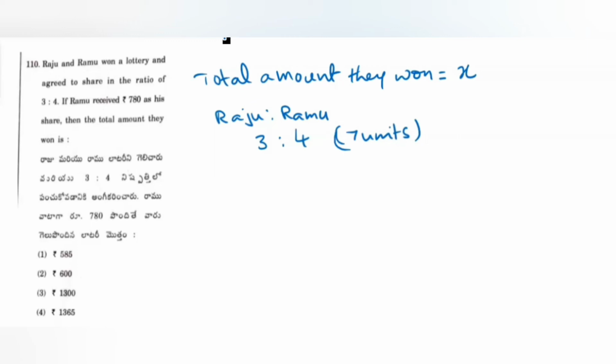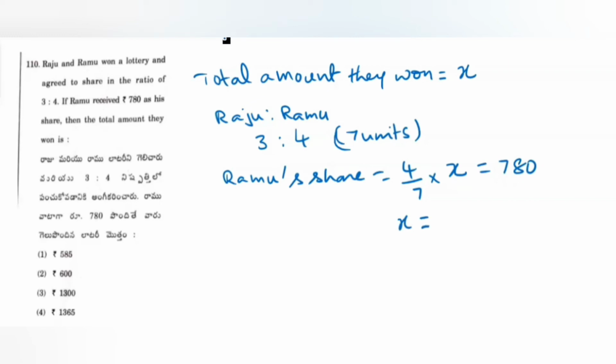The meaning is that now Ramu's share is given by 4 out of 7 parts, multiplied with the total amount X, which is nothing but the amount he won, 780 rupees. So now if you find X, that is the total amount. So we have to find X now.